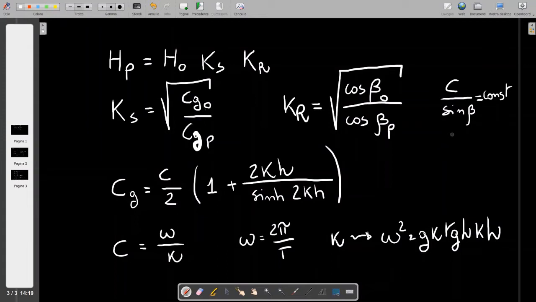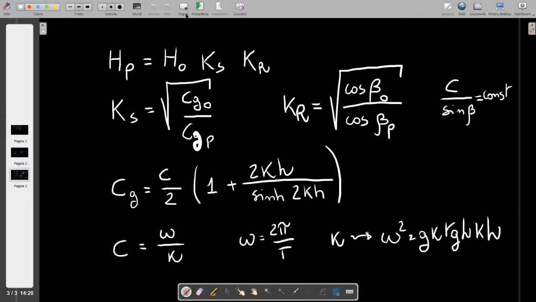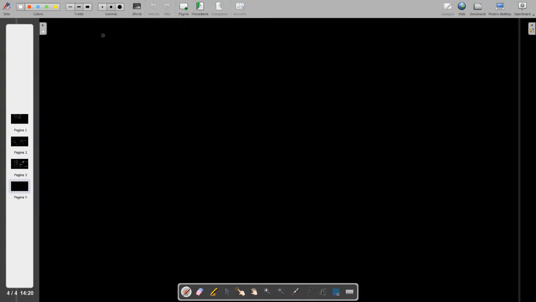Pay attention that this is true only for rectilinear and parallel bathymetric configuration, that is the configuration that we are dealing with.